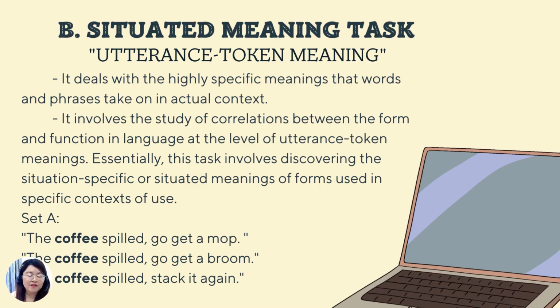Let's have the first example in set A. Let me read it to you. The coffee spilled. Go get a mop. In this context, coffee means a brown liquid that is spilled on the floor. That's why someone is asked to go get a mop.